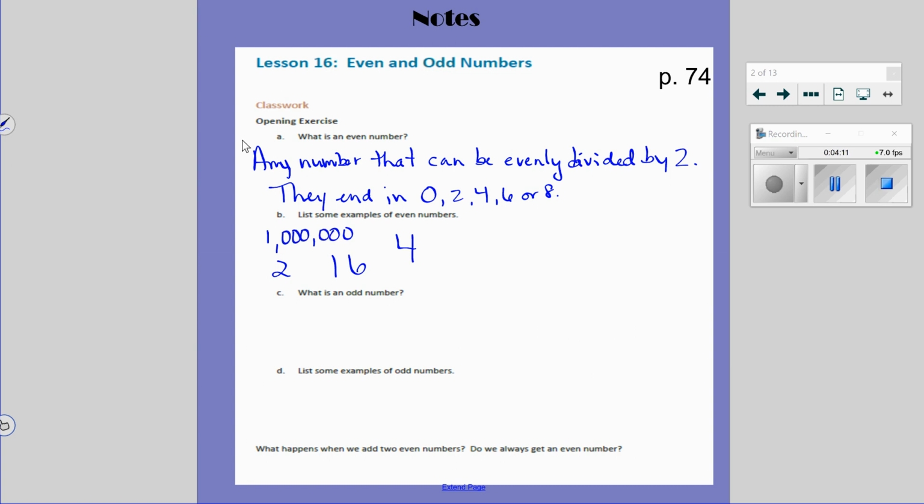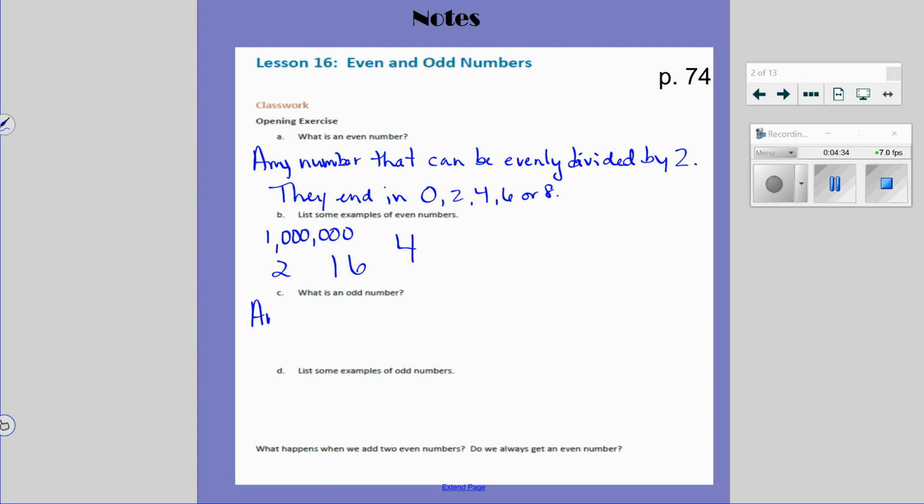So, conversely, what is an odd number now? Jasmine? Okay, so can you tell me in words the opposite, any number that can be evenly divided by 2, what would be the opposite of that? No? Leslie? They cannot be divided evenly by 2.